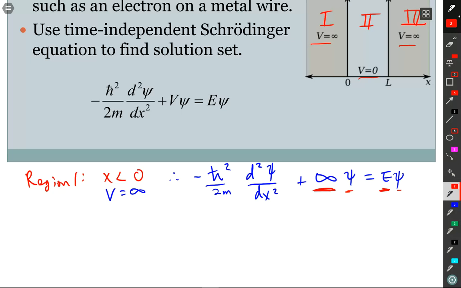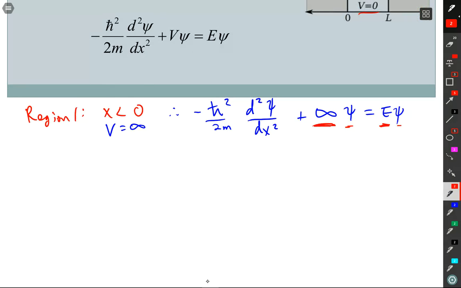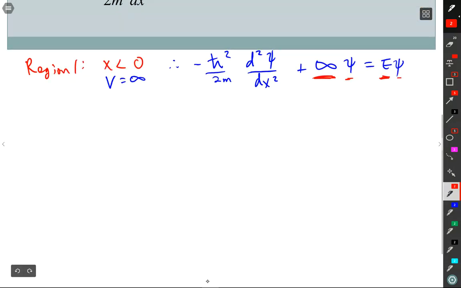The only way that can happen is if psi is equal to 0. So in region 1, psi has to be 0 because that's the only way I can make this equation true.